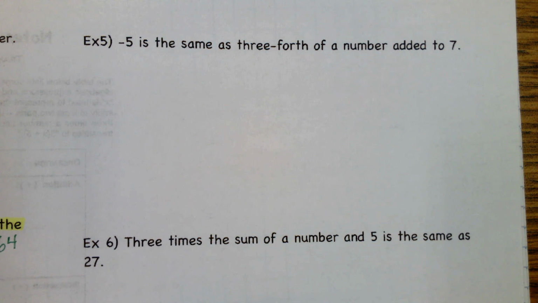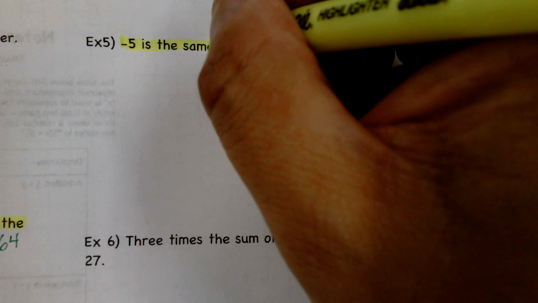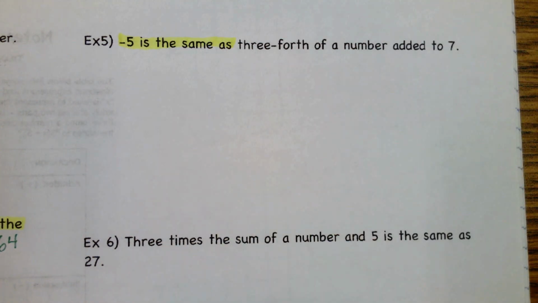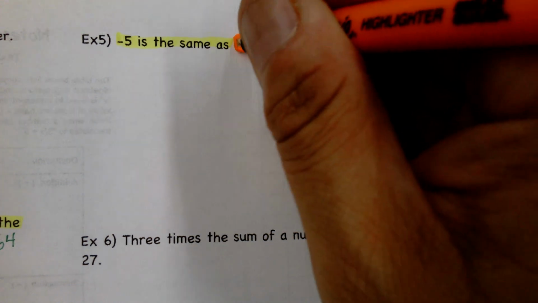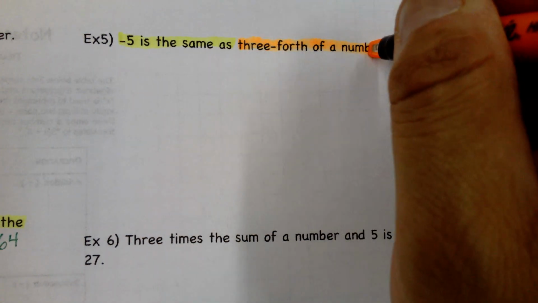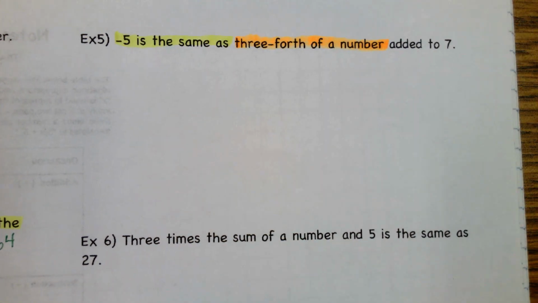-5 is the same as 3/4 of a number added to 7. Okay, so our first phrase is -5 is the same as. Then we have 3/4 of a number. What does the word of tell us to do?